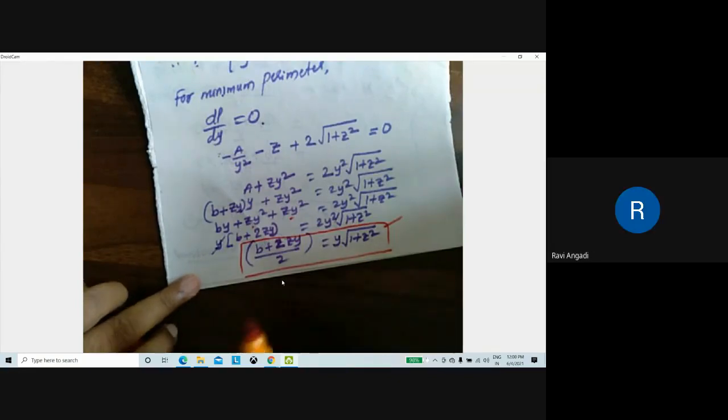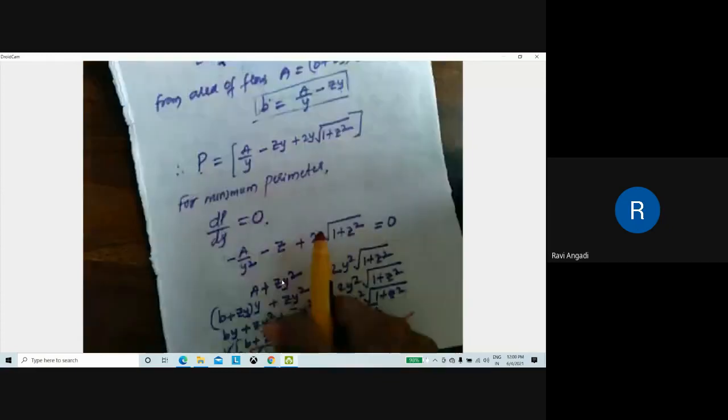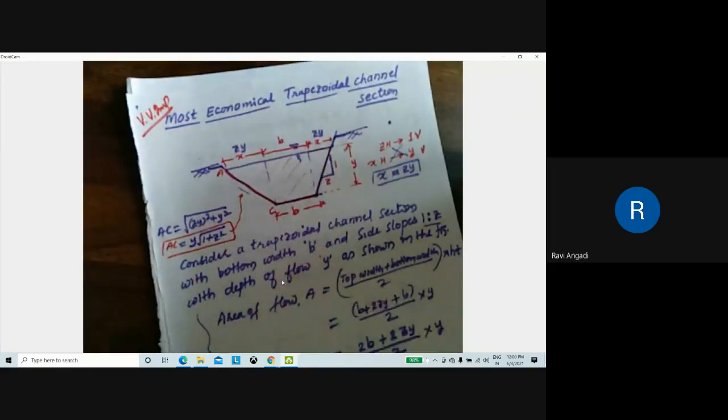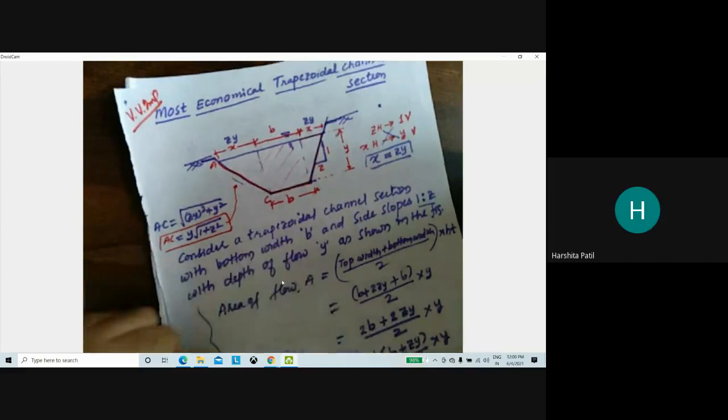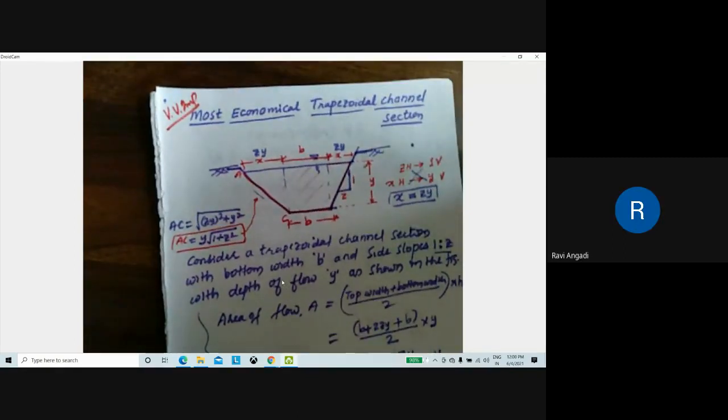All right. Now tell me, what is this b plus 2zy divided by 2 with respect to the figure? Half of the top width. Exactly, half of the top width.